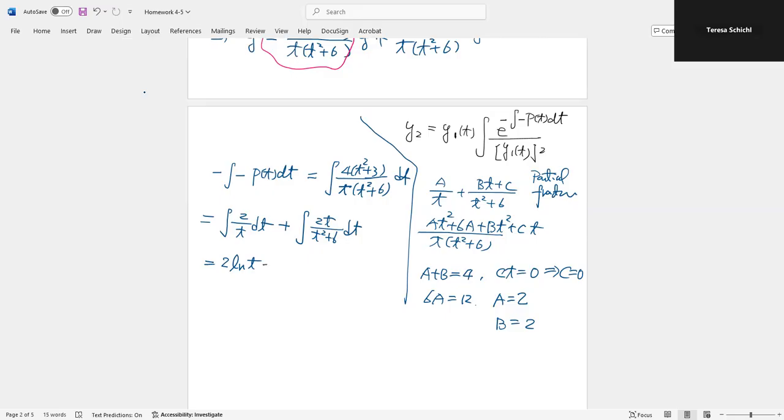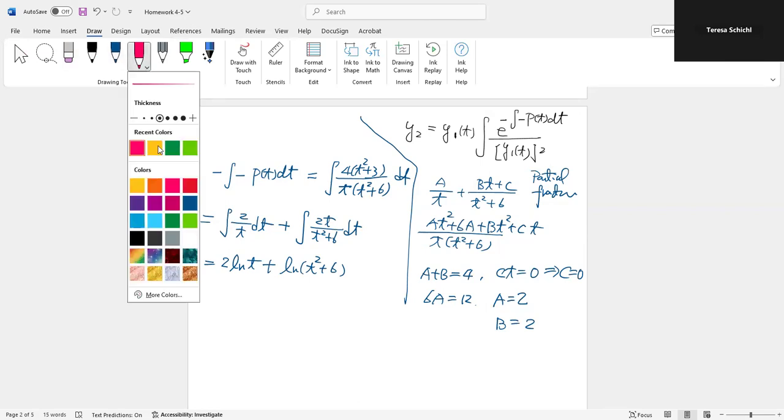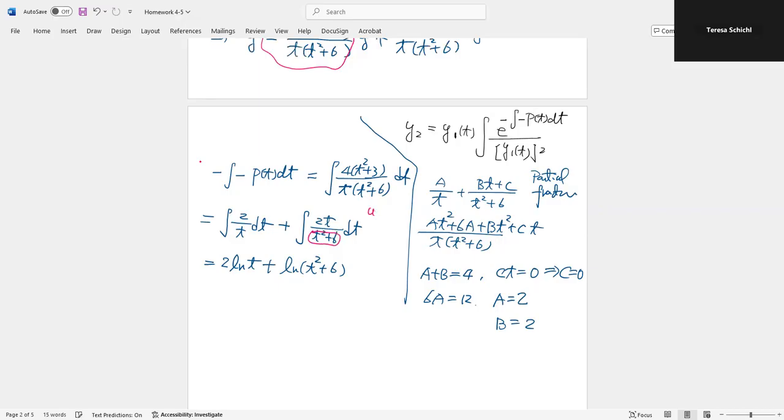Then the second one is the natural log of t squared plus 6. The reason is you can use u-substitution: u is equal to t squared plus 6, du equal to 2t dt. That's why you get the natural log of t squared plus 6.